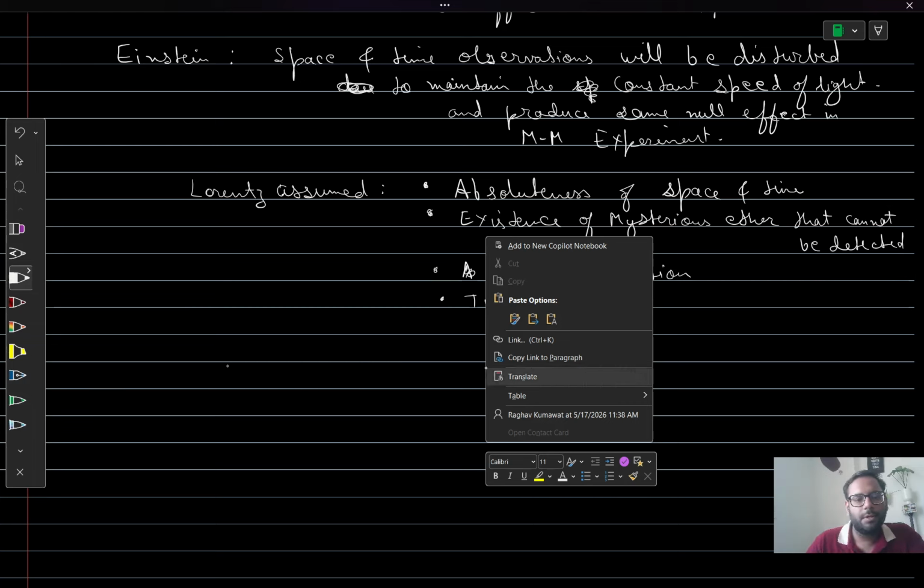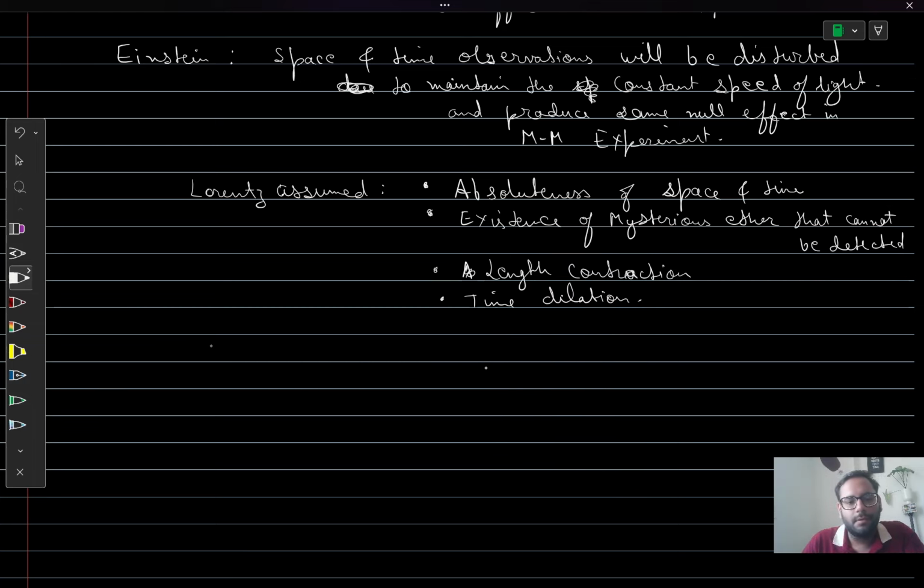But Einstein did not assume these kinds of things. You can also include the principle of relativity here.